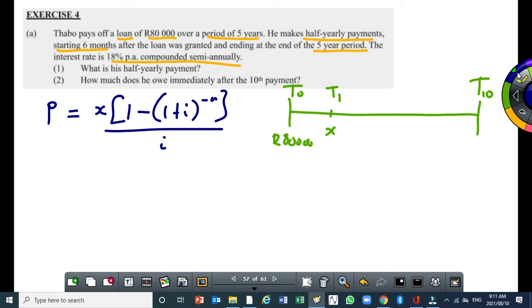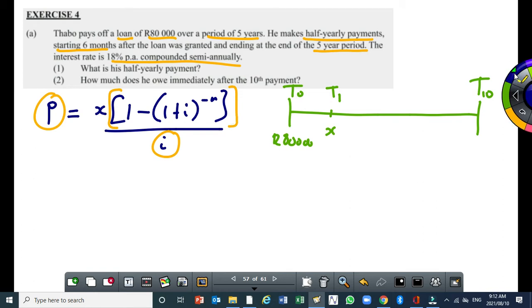You want to calculate X. By now, I expect you to be aware that to calculate X, we multiply this I by P, then we divide the product by everything that's in the square bracket. Right?